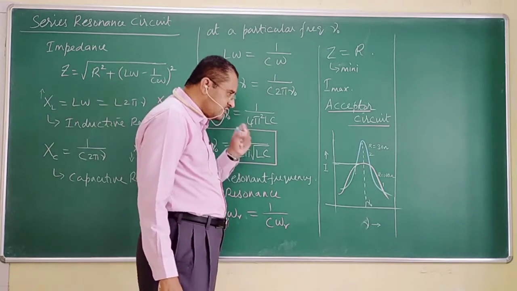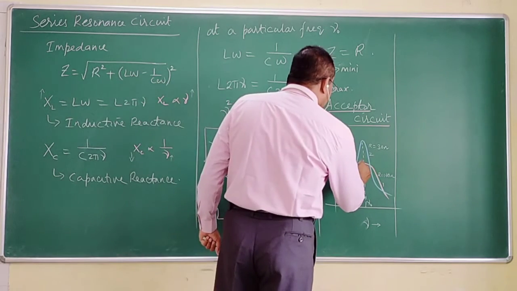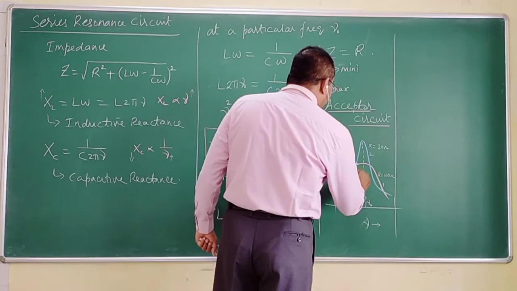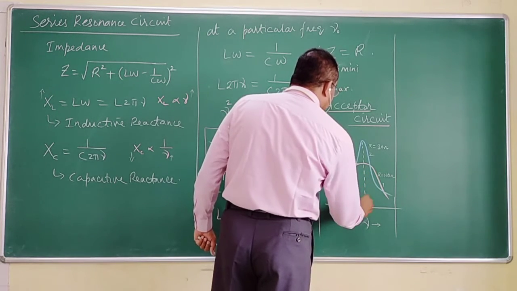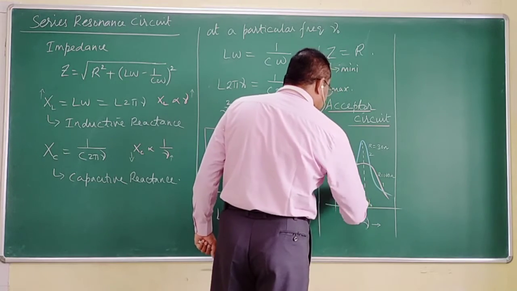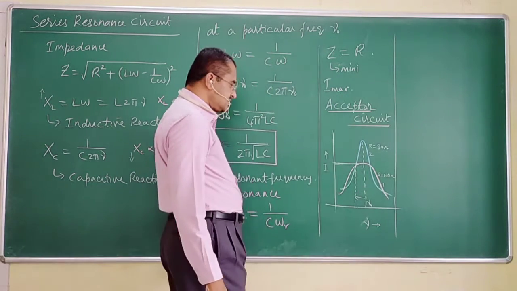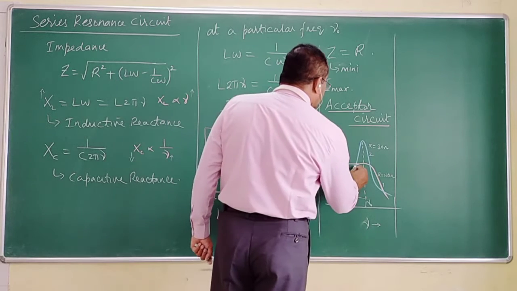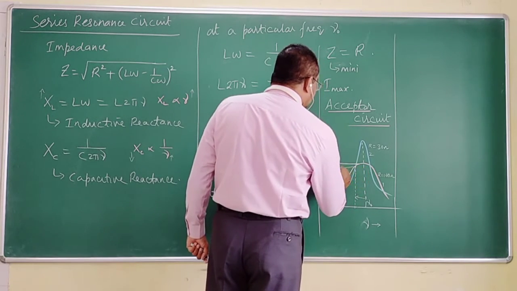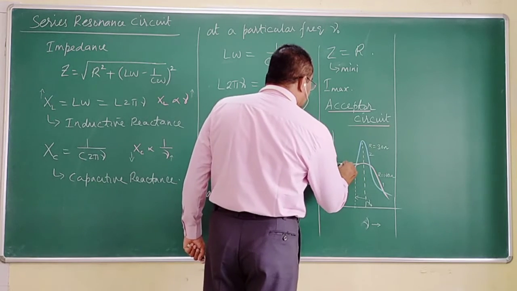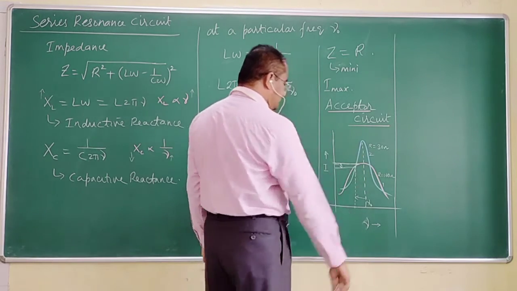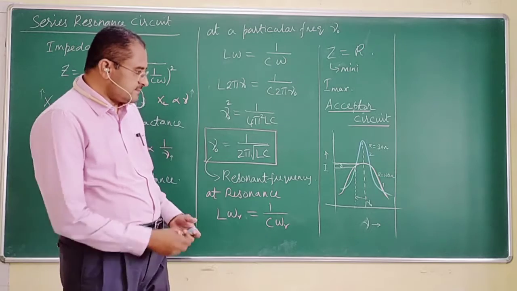If you look at curve 1 carefully, if you deviate slightly from the resonant frequency, this way or that way, both are right, you find the variation in the value of current is very, very small. You understand what I am saying?